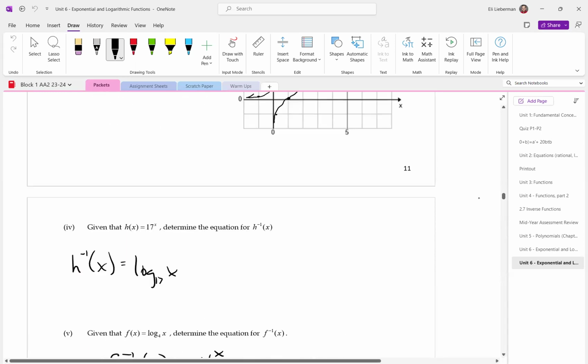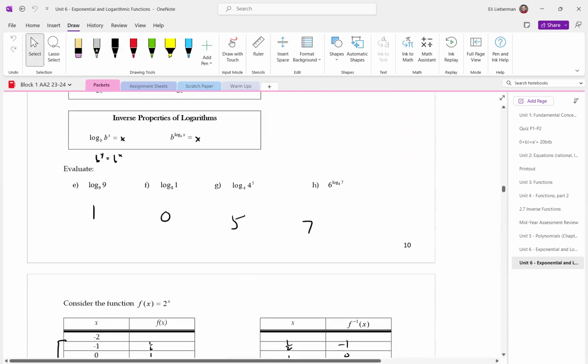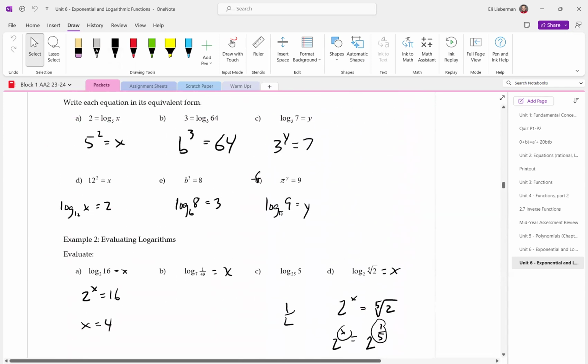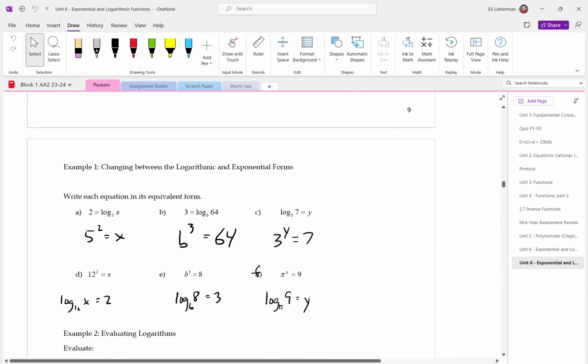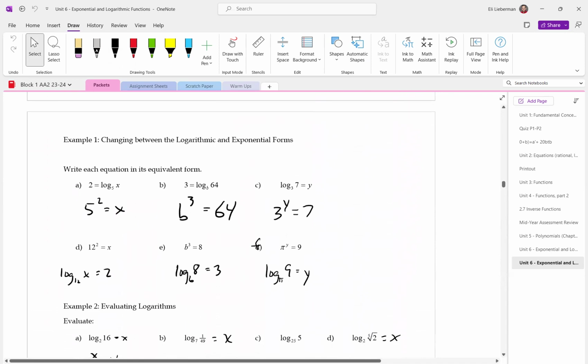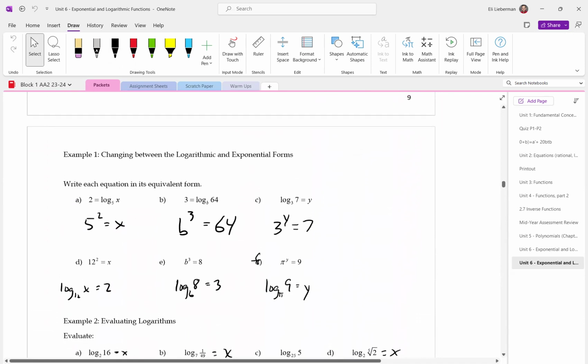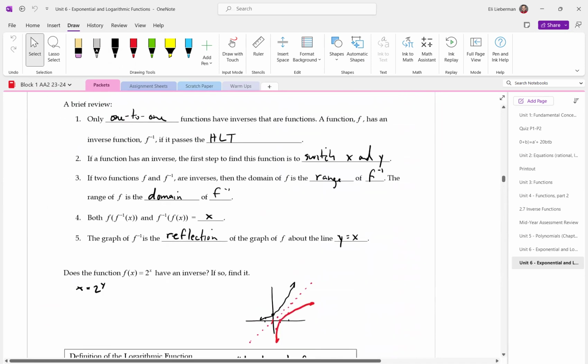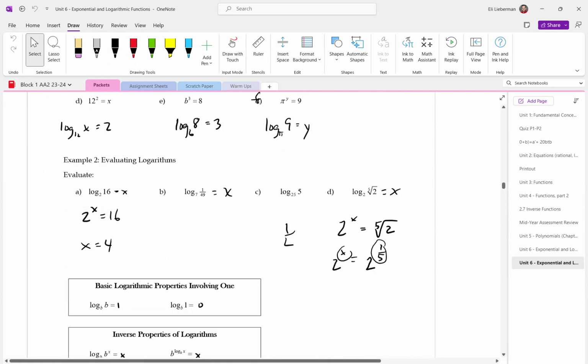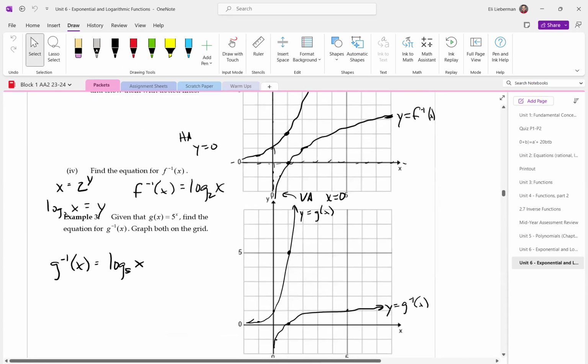Where was it? You see where I'm going? Like A, B, and C over there. We did some of these.